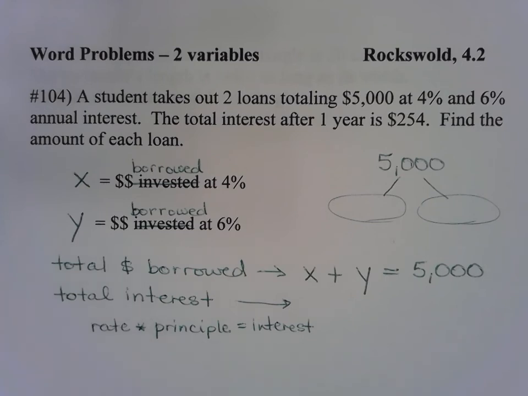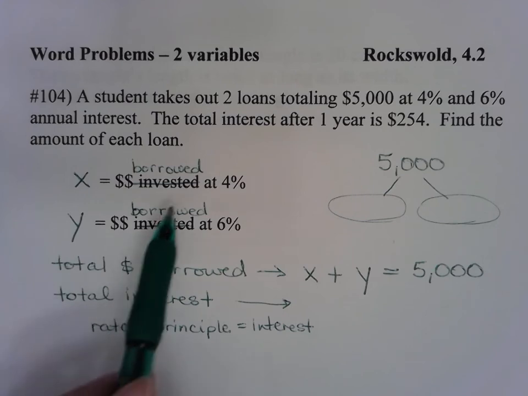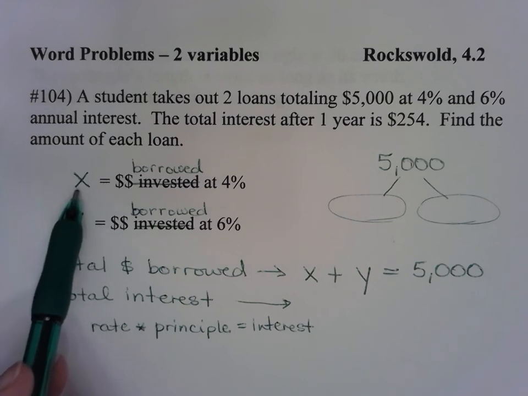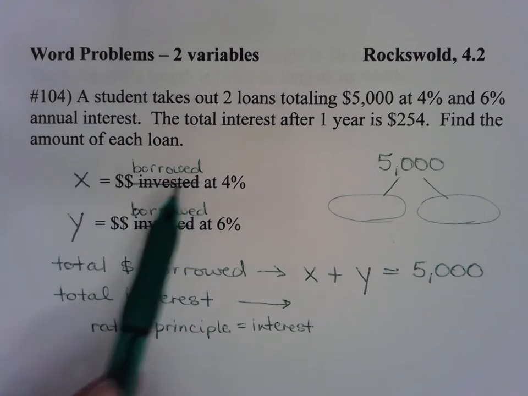So we're using that for both of these loans. We're going to use the 4%, that's our rate, times the amount we borrowed, that's the x dollars, we don't know how much it is. And that's going to calculate the interest for this one loan.